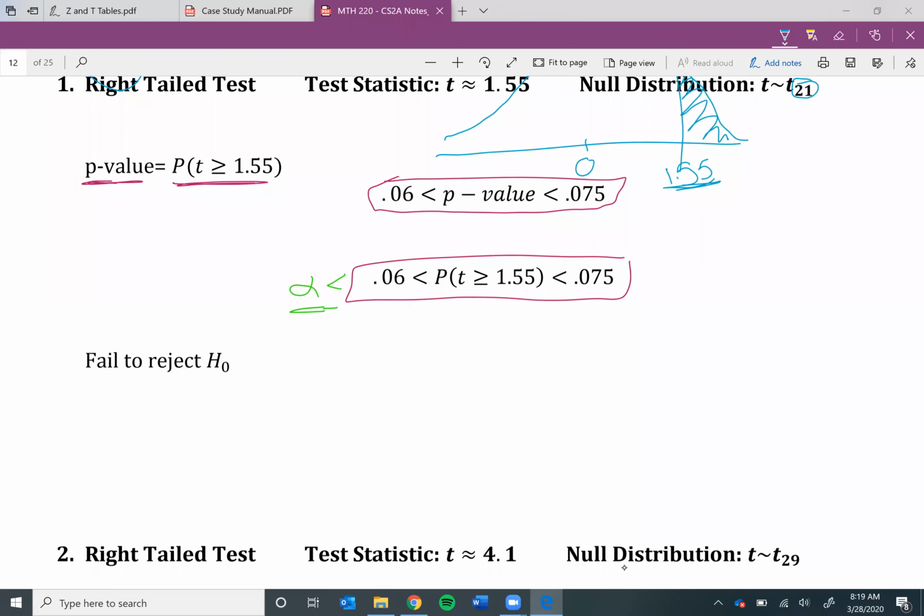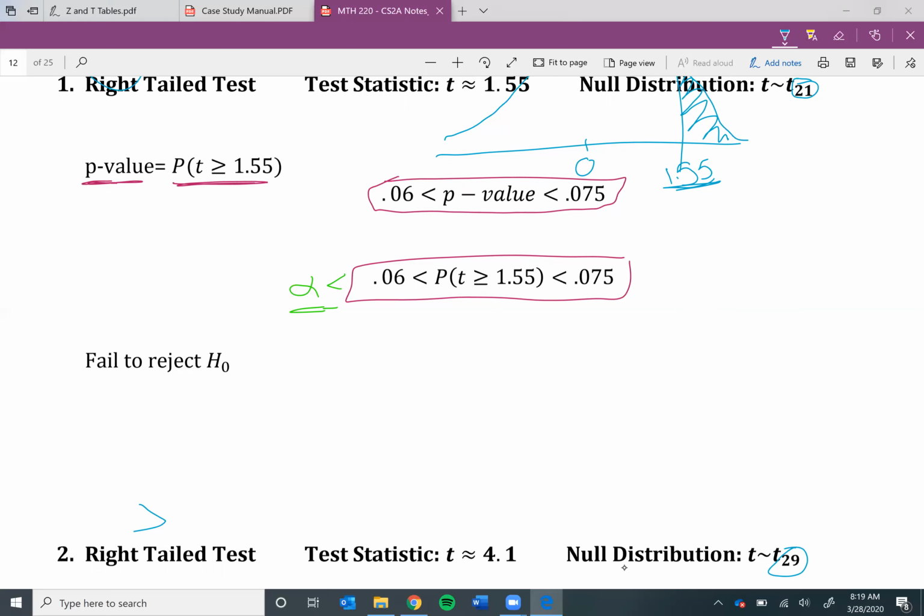This is a test that, again, is going to be right-tailed. The test statistic is approximately 4.1, and the null distribution is a t-distribution with 29 degrees of freedom. First let's start with the probability statement.